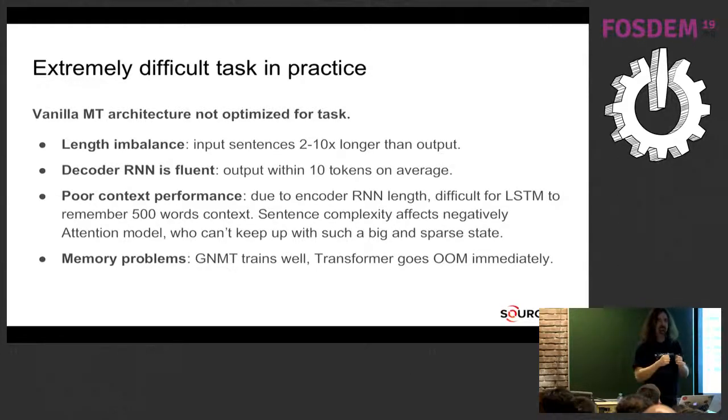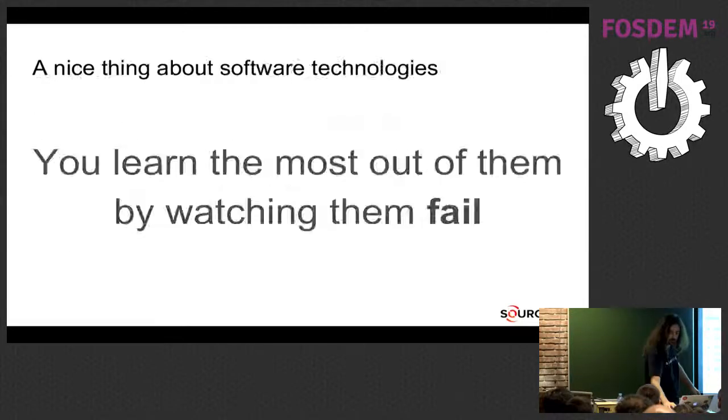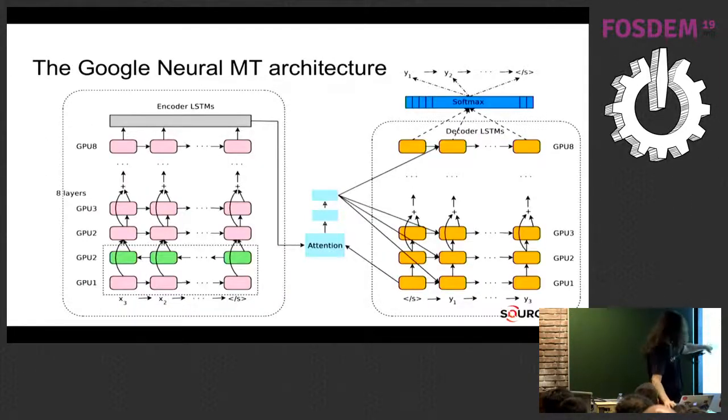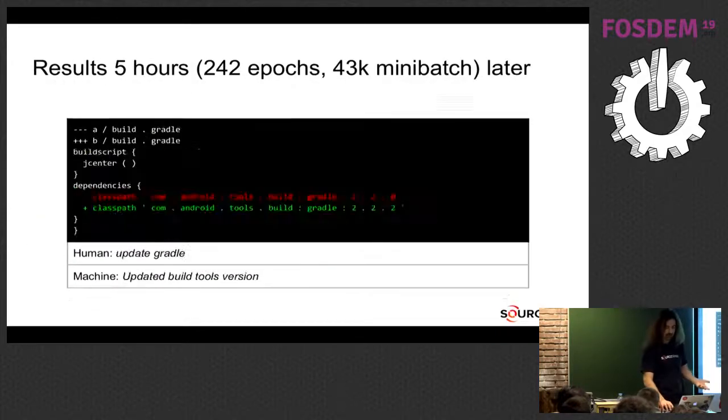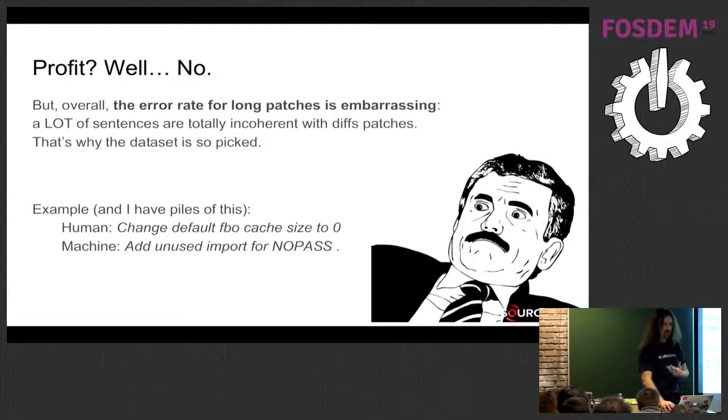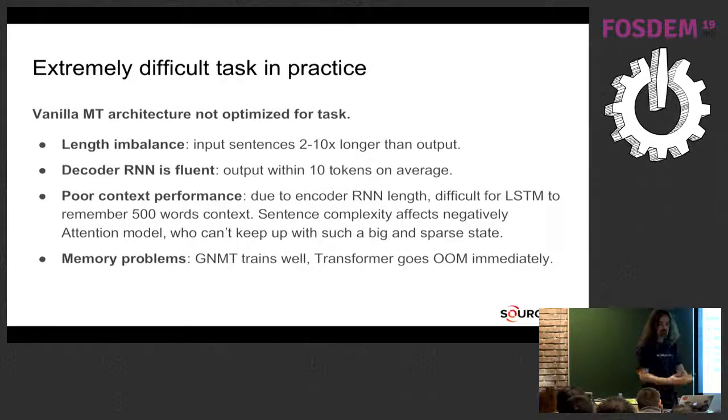So if you output a very fluent English sentence which is totally incoherent with the diff patch, it means that the encoder network, this one, remember, is not able to condition the decoder appropriately. So you're not able to capture any meaningful context to feed to the decoder in order to instruct it what it should be generating. So it generates random fluent words. So totally gibberish, which looks like very nice English, but you're not conditioning.